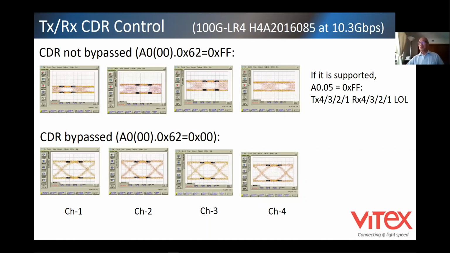Now, it shows you the CDR on and CDR off. I need to spend a little time to explain what's happening. Right now, what it shows is that I ran a 100G module, which you know is 4 times 25G, so basically 25 gigabits per second. But I changed the file to run it at 10.3 gigabits per second, and most of the files can do that.